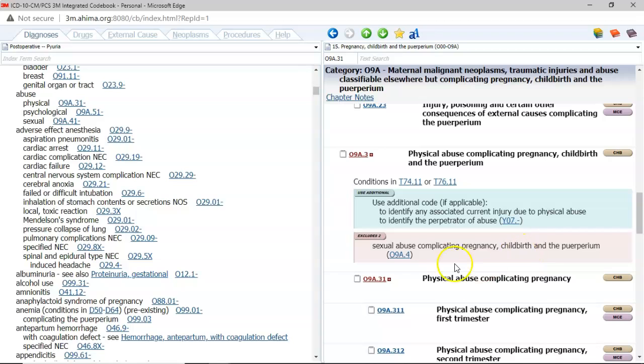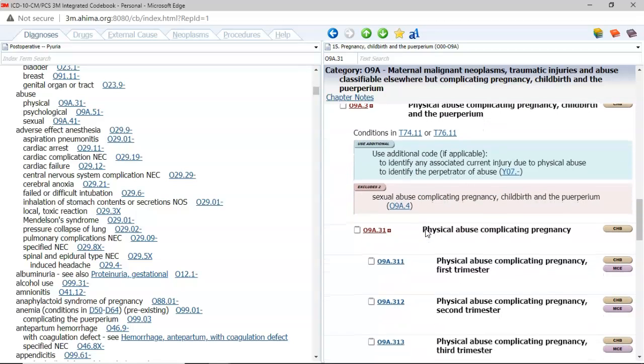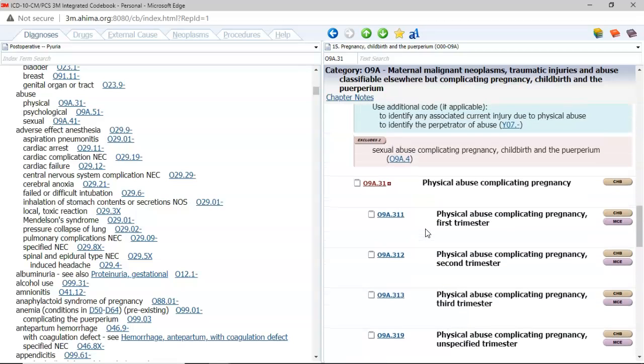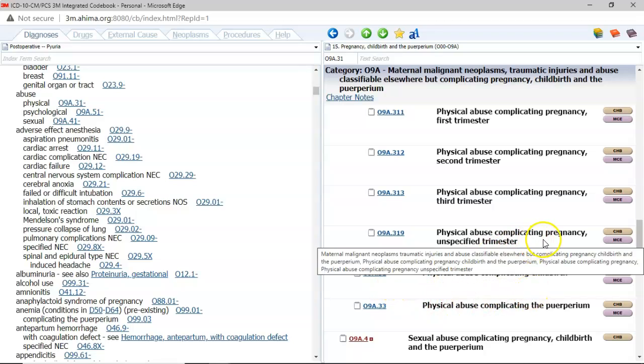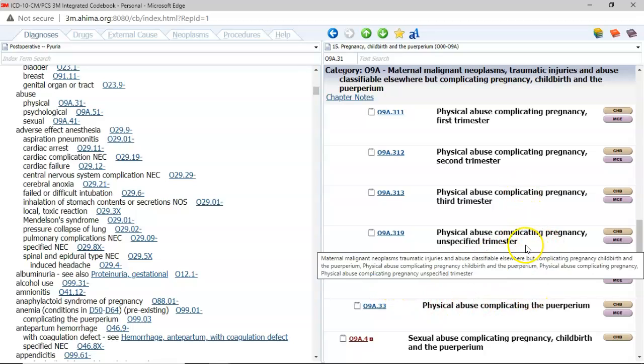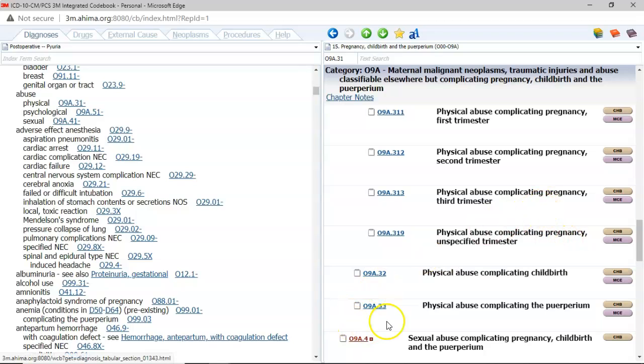So that means that if we had sex abuse, we could also add the code for that. Now you'll notice that these codes are based on trimester, and so we also add those codes.